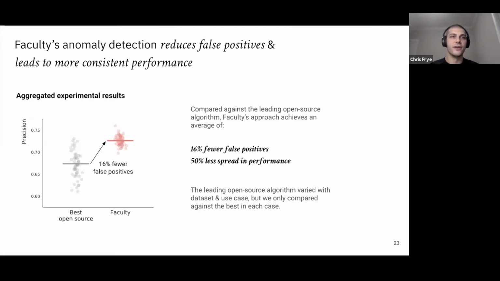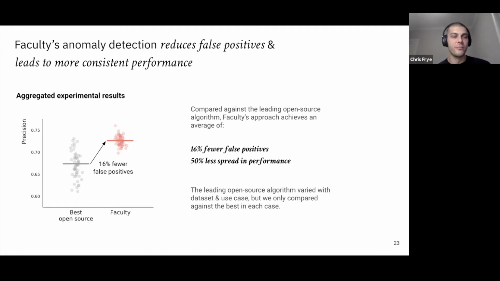And here's a simplified version of those results from the previous slide, sort of an aggregation of these experimental results. What we're showing here is faculty's average performance across all the data sets and use cases. That's in coral. And different coral points here just correspond to repeated experiments to give you a sense of the consistency of our performance.